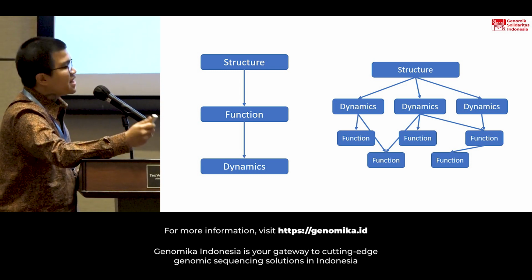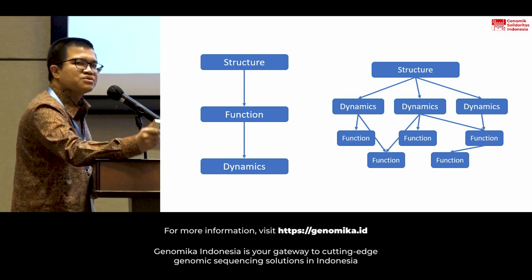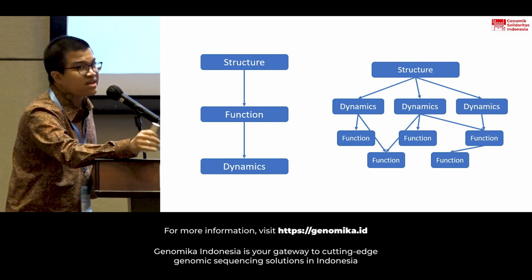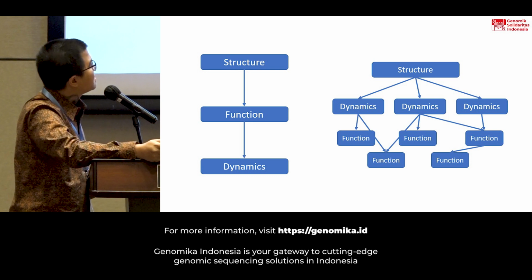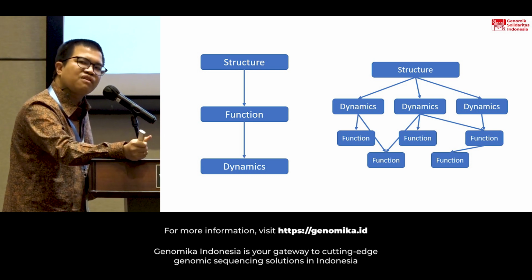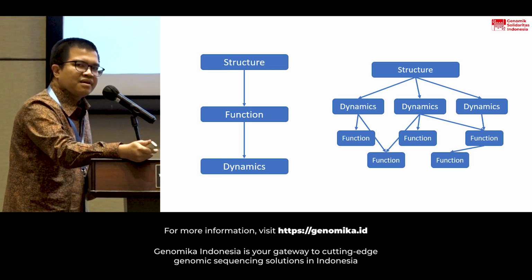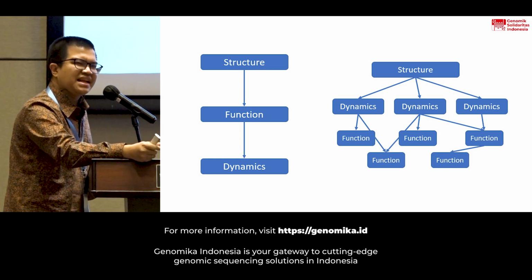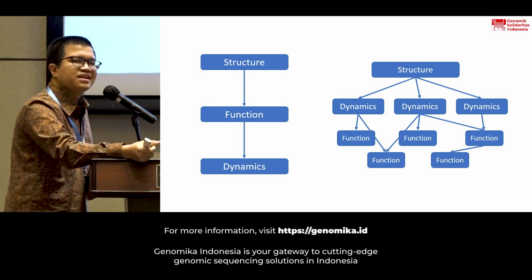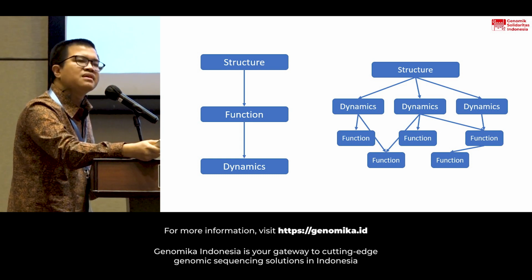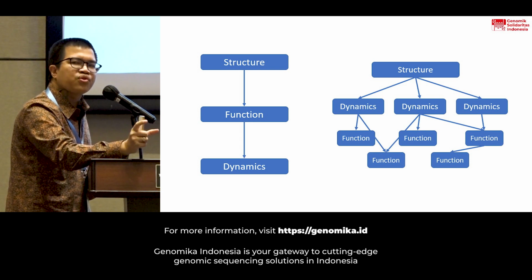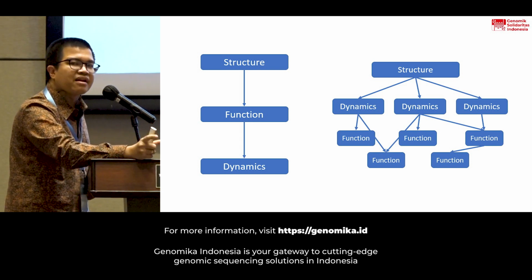Now, the other way is that each of those structures in immunology especially, and later on we will see in genomics, is rarely involved in only one dynamic. They are involved in multiple dynamics, and each of those dynamics leads to several plot twists. This occurs in both host immunology and pathogen immune response.